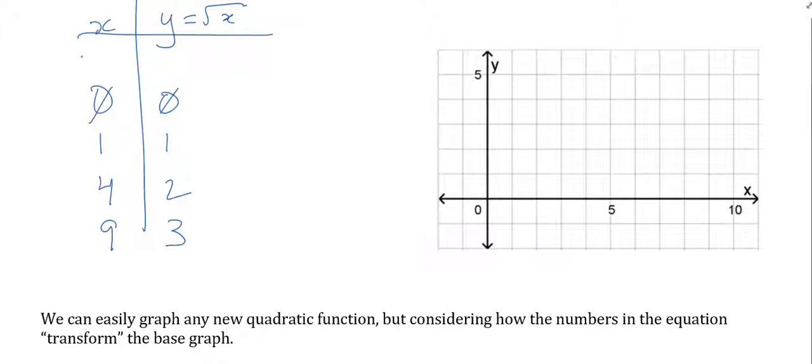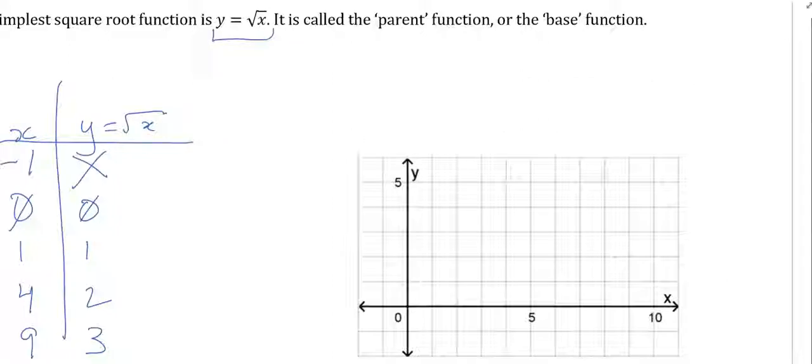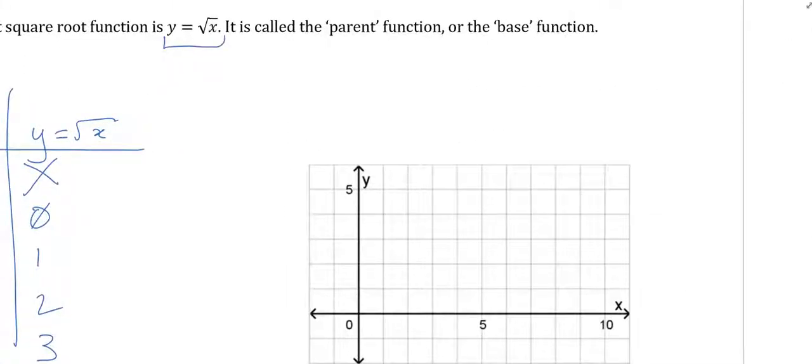What about the square root of -1? Do that on your calculator. Error. Why? Do we know why? This is like an aside, but we can talk about it for a second here. Square root of 25 is 5 because 5 times itself is 25.